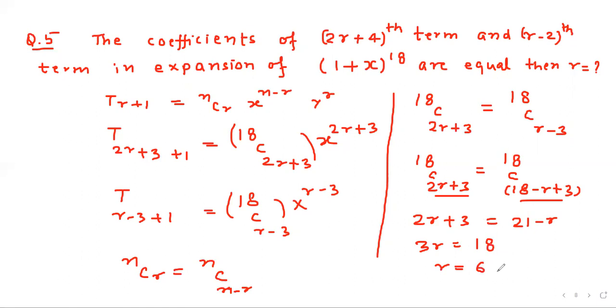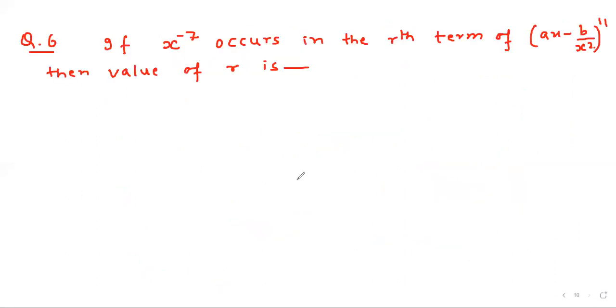Which is our answer. Now, let's take one more question. The next question is: if x power minus 7 occurs in the rth term of (ax minus b upon x squared) power 11, then what is the value of r?